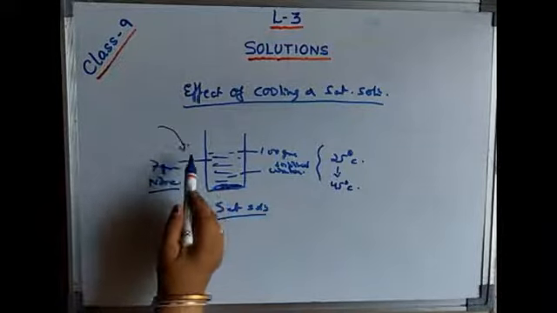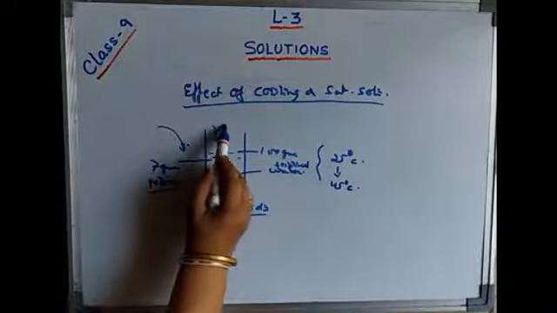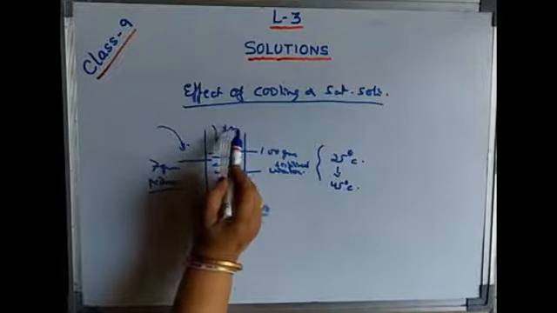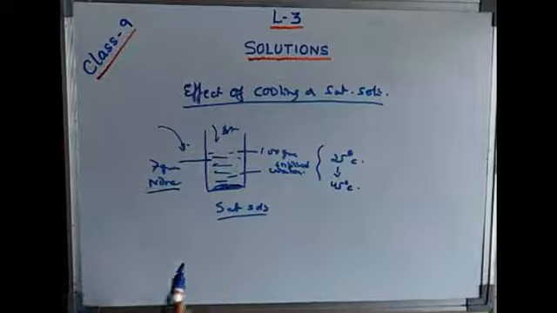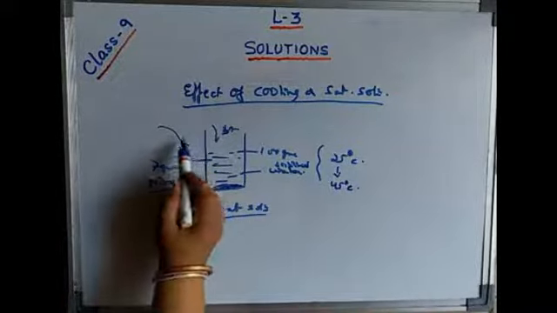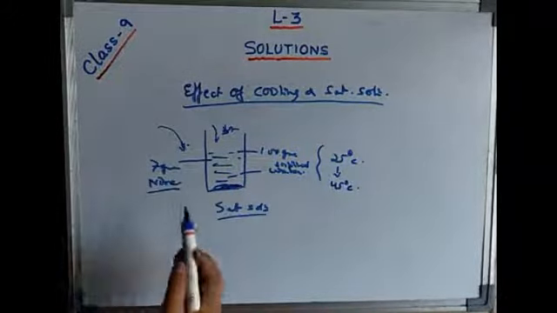If we start adding 1 gram, 2 grams, then 3 grams, you will see it gets dissolved at a higher temperature in the same amount of solvent. More and more niter can be dissolved in this solution now.